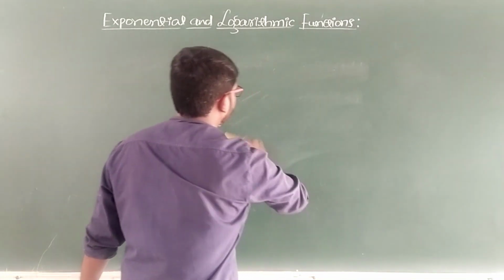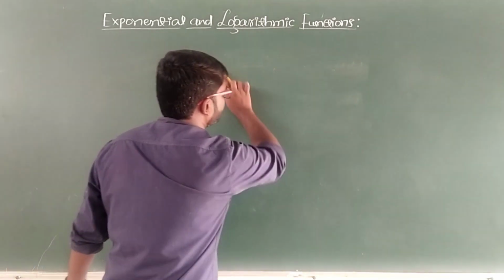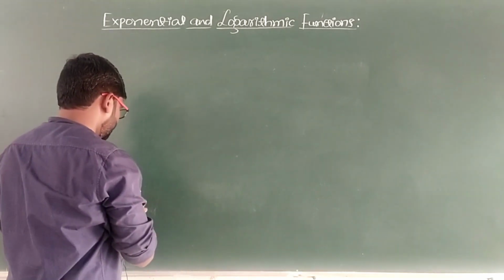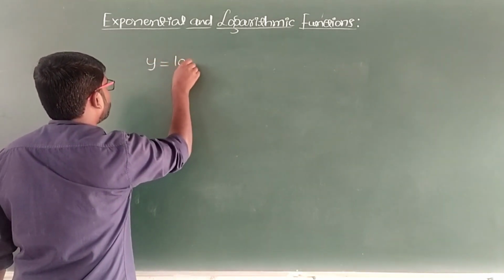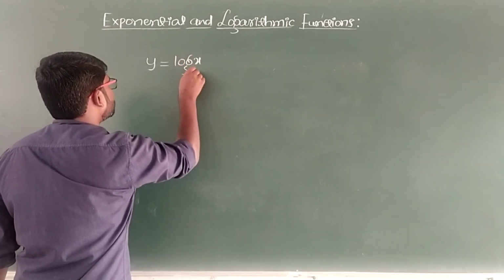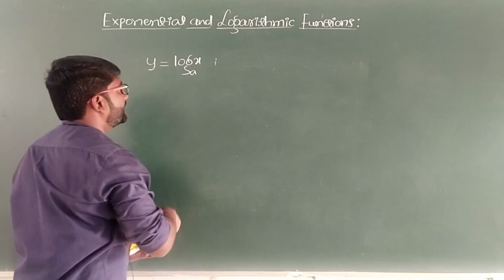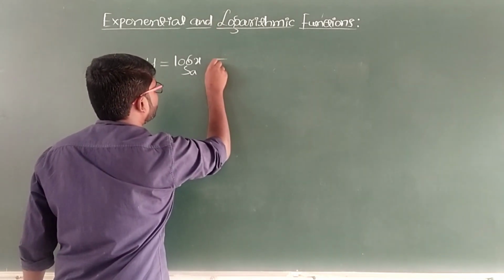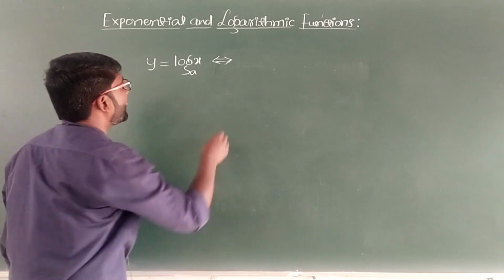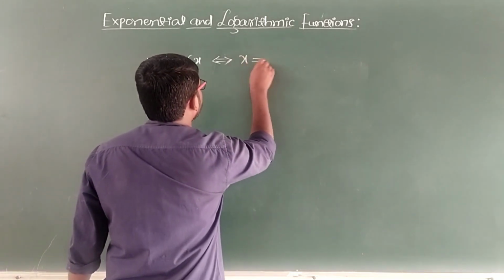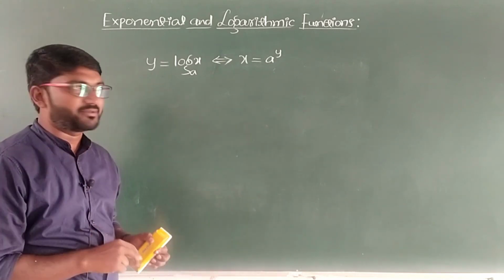So the function of the form f of x is equals to log x to the base a. The function of the form y which is equals to log x to the base a, if and only if, means both the sides we have to put the arrow mark, x is equals to a to the power y.